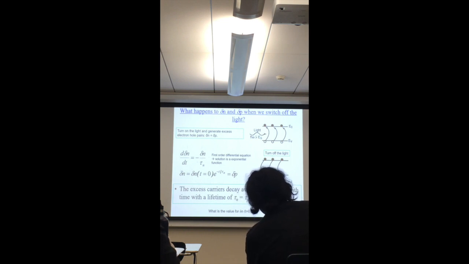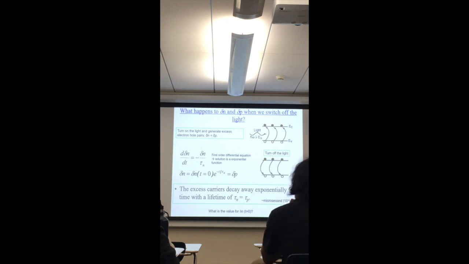This is the moment we turn off the light, and then the excess carriers decay exponentially. Eventually it will go to 0. So we'll see something like this. This is how delta n changes with time.